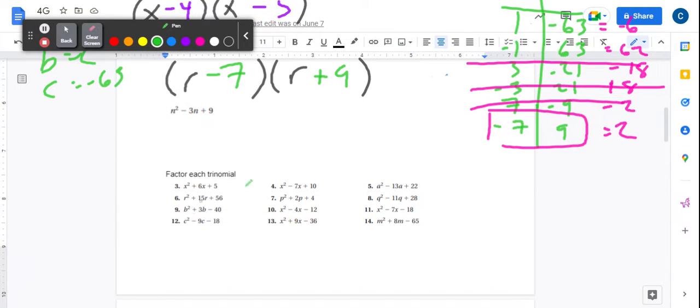So you guys can go try these trinomials. There are 12 problems down there. It should be pretty quick. We can go over the answers if we need to, and I can help you out if you need it as you're working on that.